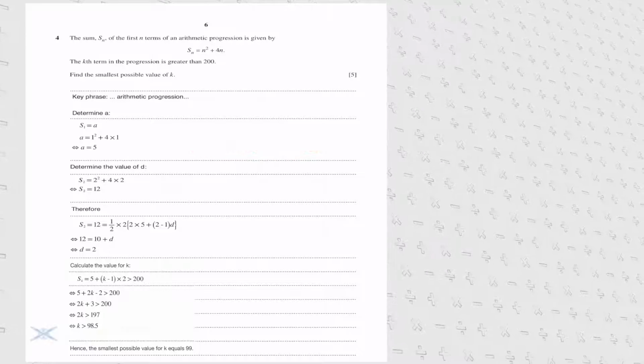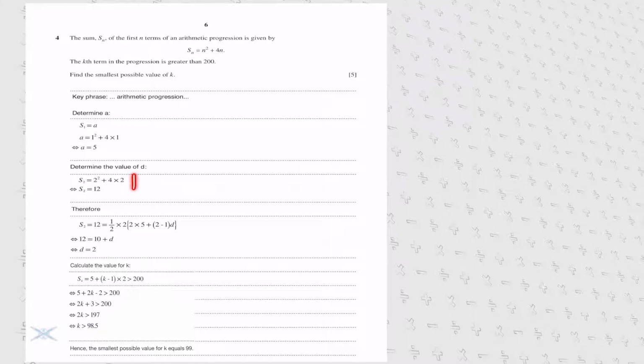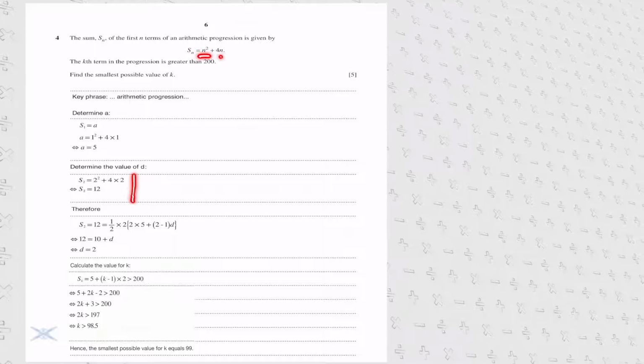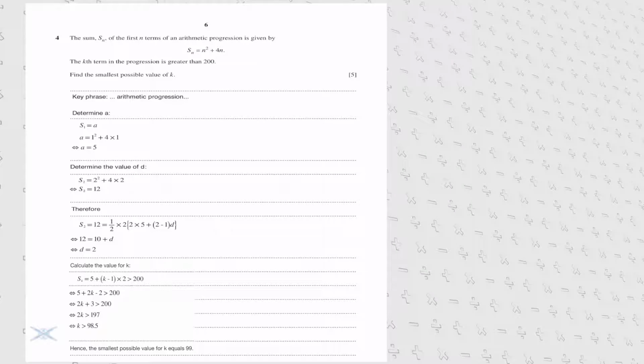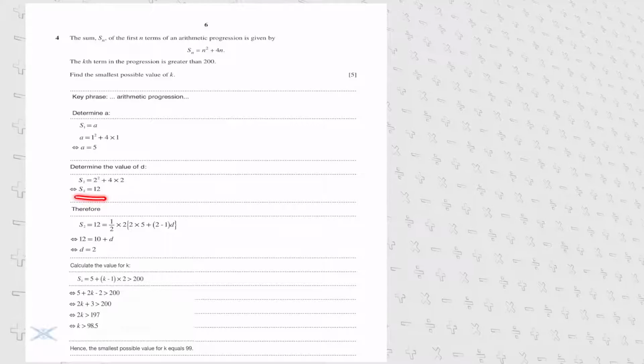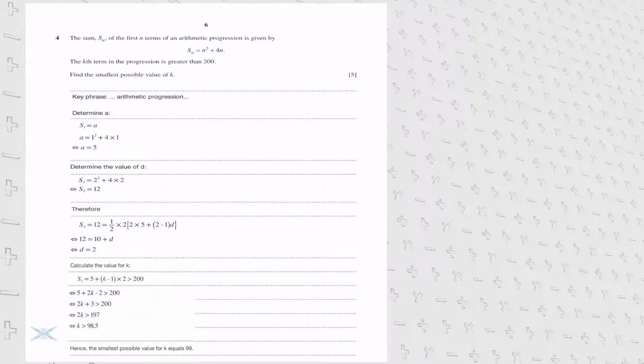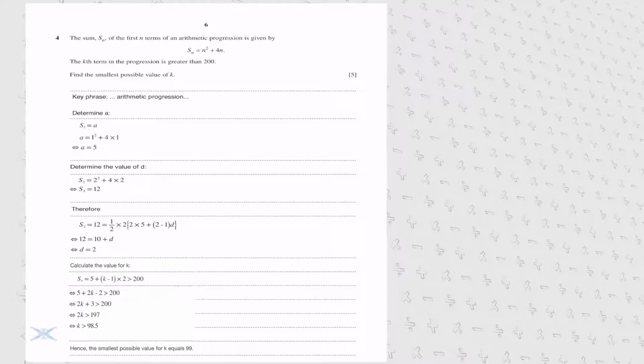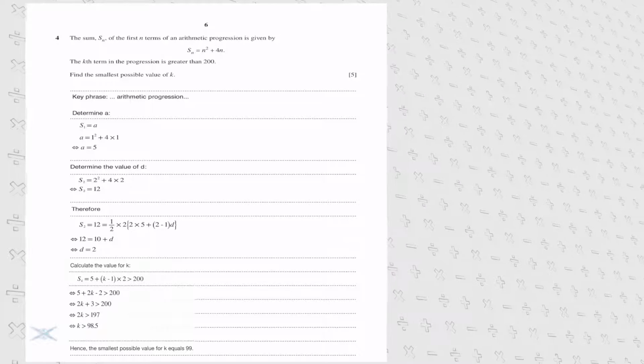This can be achieved by firstly finding the sum for n equals 2, which is done by replacing n with 2, by which we get the result that S2 equals 12. Now, in order to determine the value of d, we will employ the formula for summing an arithmetic series, which you're provided with on the right hand side of the screen.